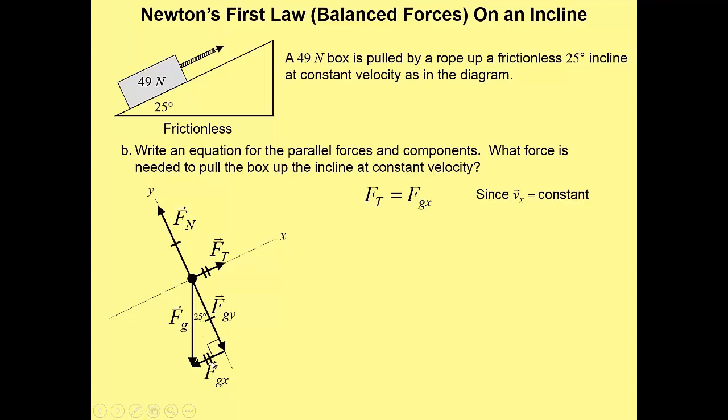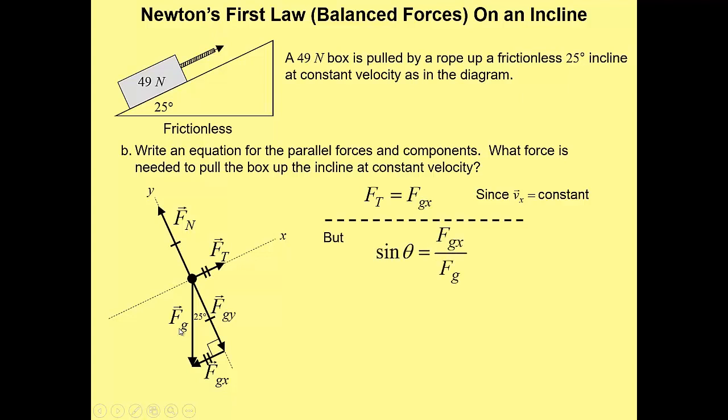It is the opposite side. What trig function relates the hypotenuse, the opposite side, and an angle? That's right, the sine function. So we're going to use the sine function here. Sine is opposite side, F_gx, over hypotenuse, F_g.